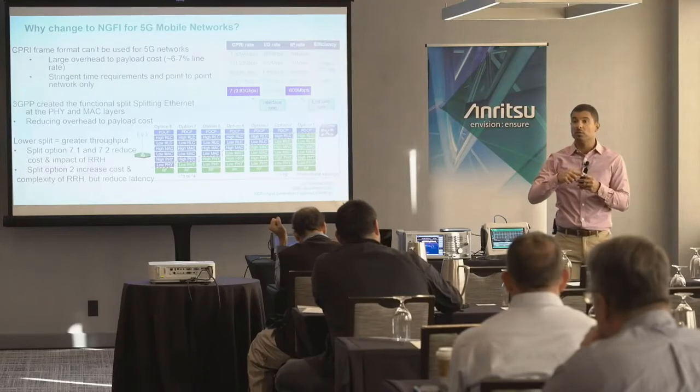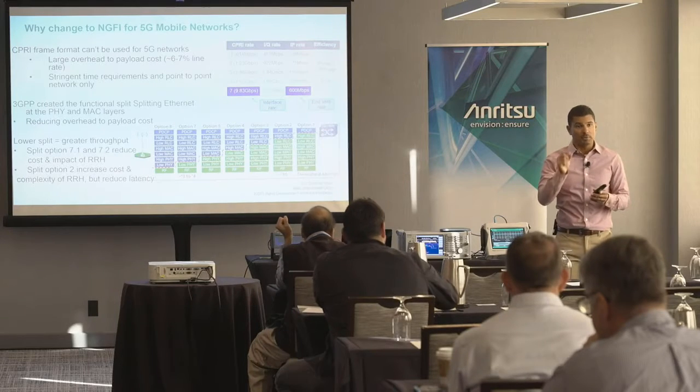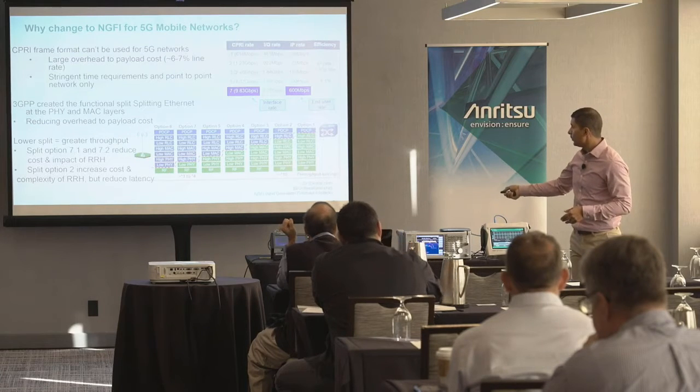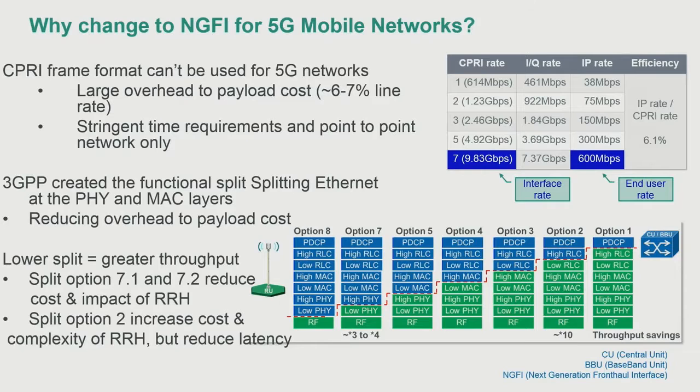If I'm in a vehicle going 65 miles an hour on the expressway and it's an autonomous vehicle, I don't want to worry about my communication being buffered and going through a network. I want that going as quickly as possible to the radio and back to my car. That reduces the amount of time and latency. That's where more processing being done in the radio becomes more effective.